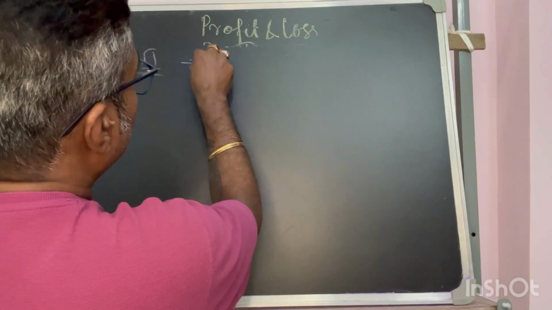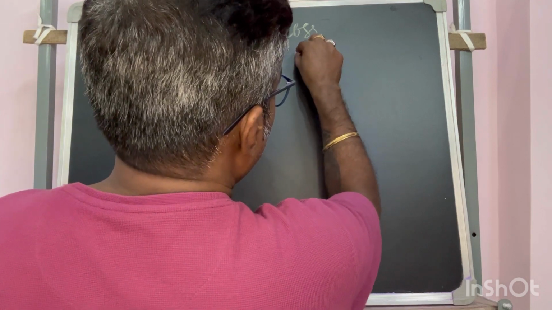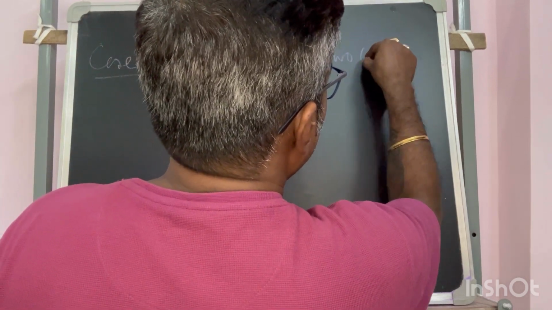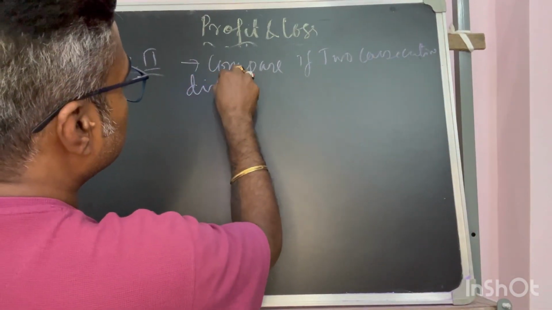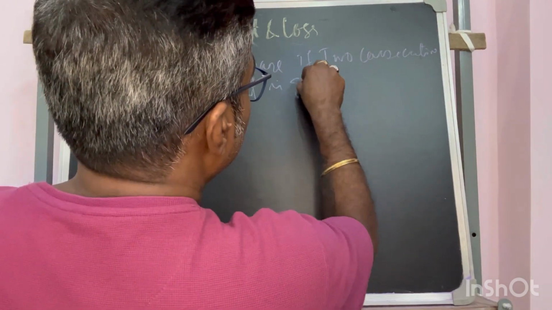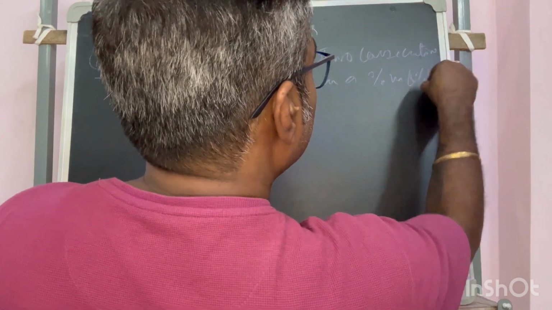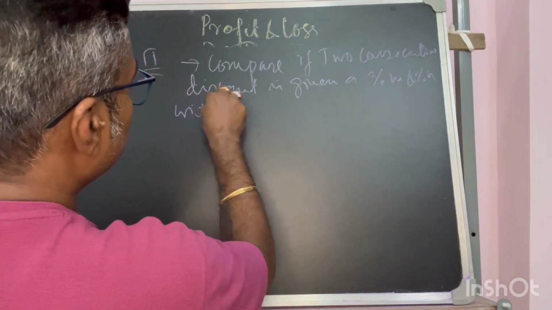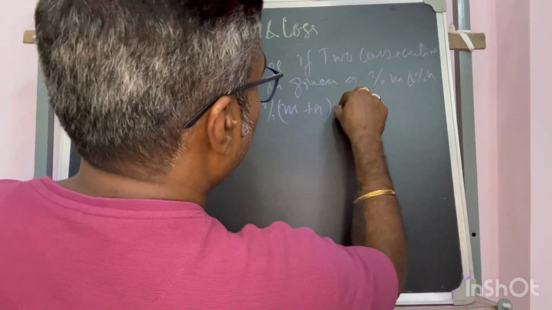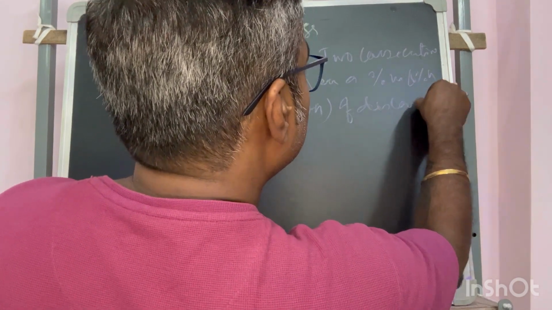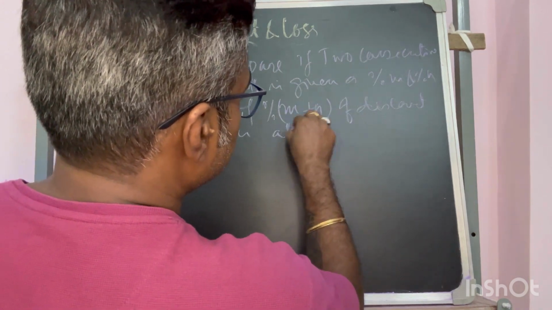Here we have to compare if two consecutive discounts are given as percentage M and percentage N, with M plus N percentage of discount given at once.